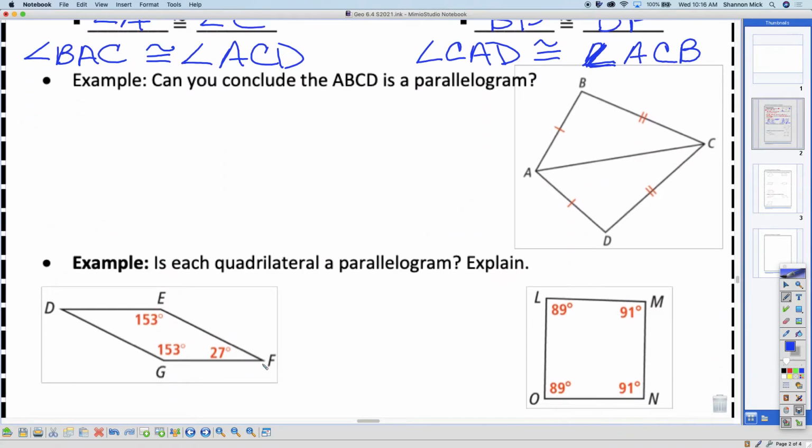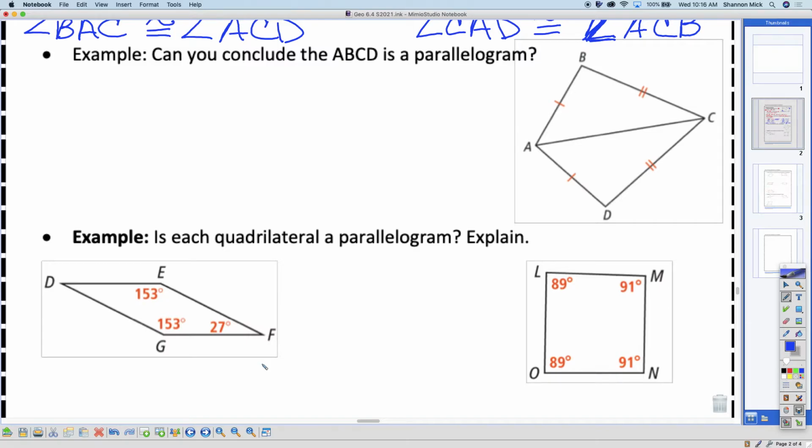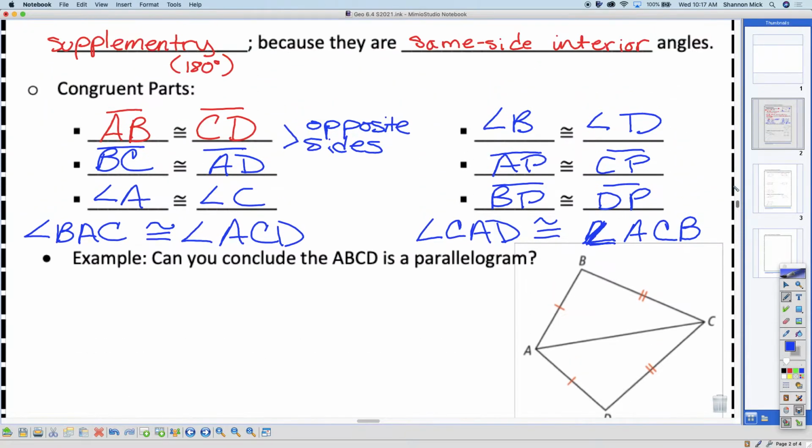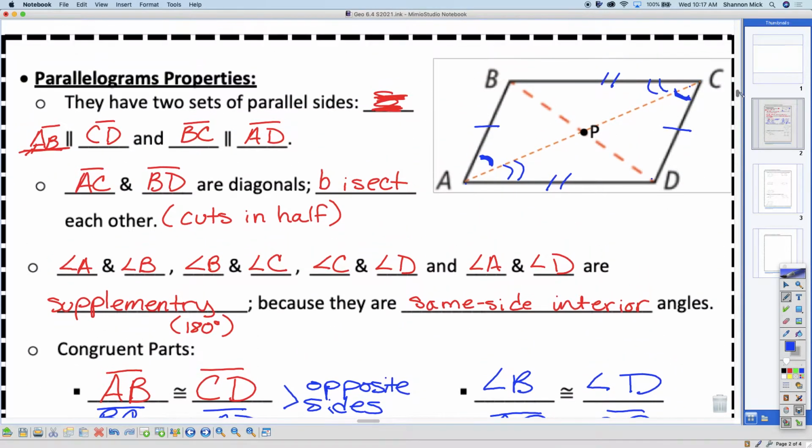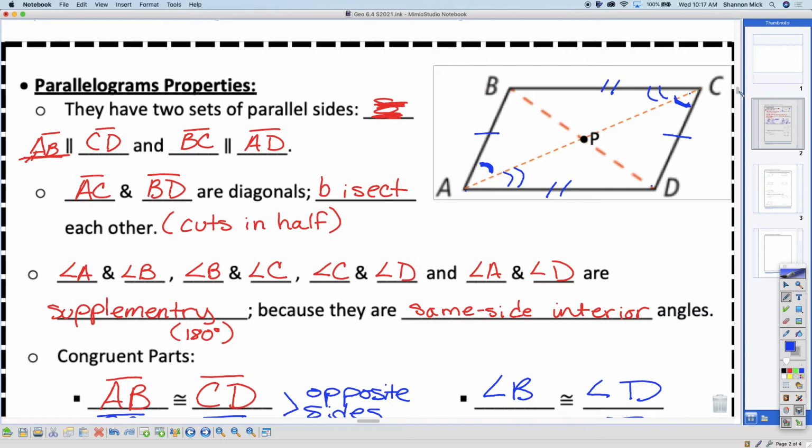Can it be concluded that ABCD is a parallelogram? Which sides need to be, because I have two sets of congruent sides, right? But what does the relationship of the sides need to be? Not angles, the sides.